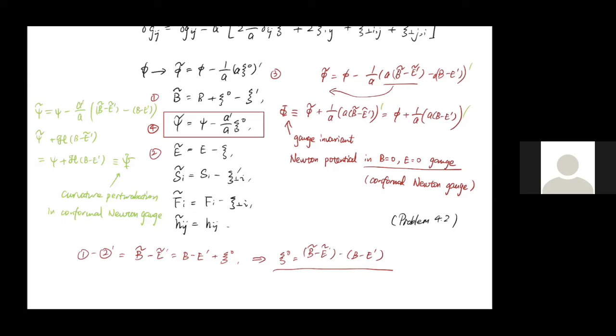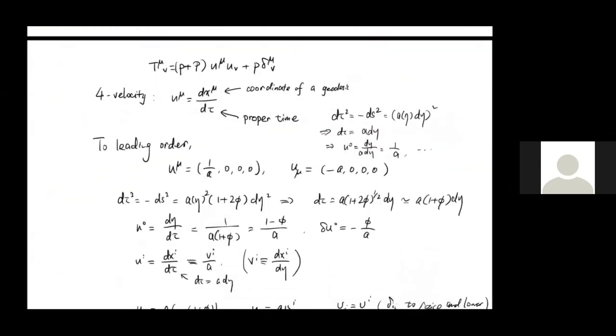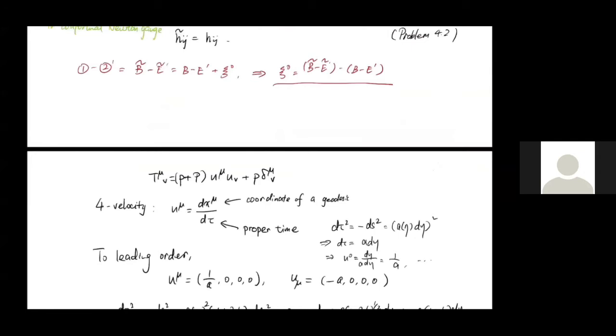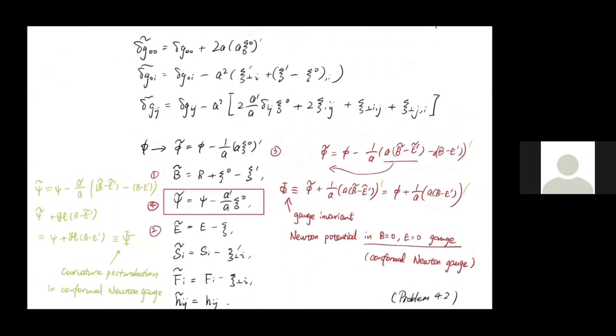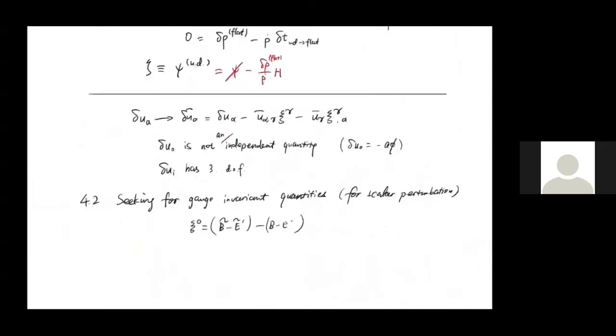So we have defined the Newton potential and the curvature perturbation in the gauge of B equals E equals 0, which is called the conformal Newton gauge. This is very useful. We will focus on this sometime later. The key point is that if we take this gauge, then everything can be written in a compact form.